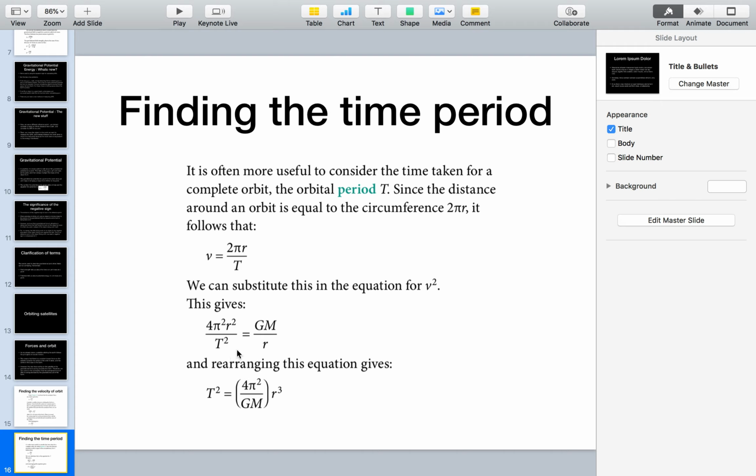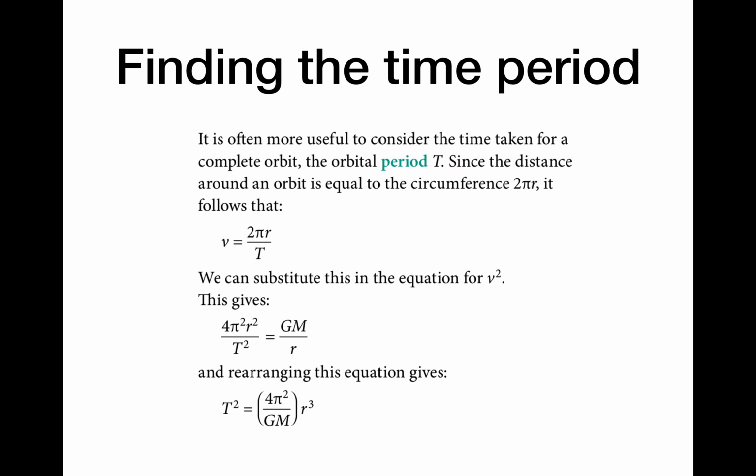You make T square the subject of the equation and you get this expression. So you don't need to necessarily memorize it. It's just a logical conclusion, right? You can just memorize the logic behind it and you can derive it in the paper itself. It's not that hard. And you'll get this equation, and many a times you can be asked to calculate the time period as well. This is how you do it.